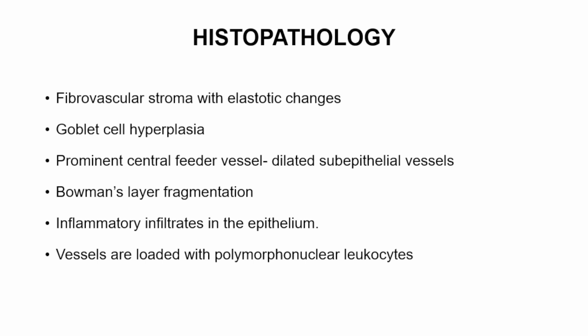Histopathology. The histopathology of the pterygium shows, as I mentioned earlier, a fibrovascular stroma with elastotic changes, with goblet cell hyperplasia, prominent feeder vessels, and subepithelial dilated vessels. The hallmark is the Bowman's layer fragmentation, which helps in the penetration, invasion of the conjunctival tissue into the cornea, inflammatory infiltrates in the epithelium, and loads of polymorphonuclear leukocytes in the vessels.